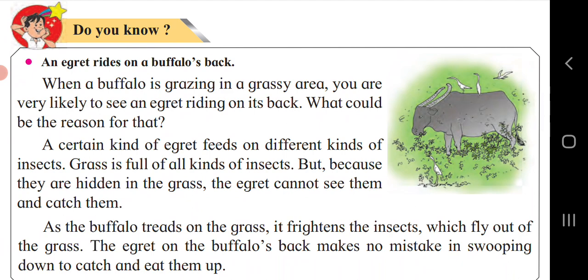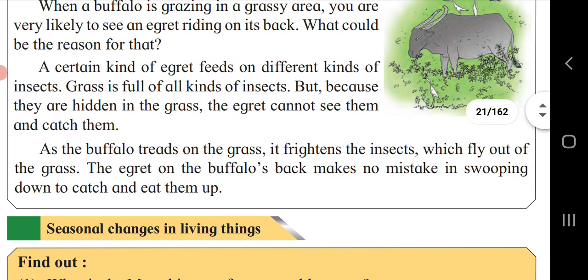Do you know? An egret rides on the buffalo's back. When a buffalo is grazing in a grassy area, you are very likely to see an egret riding on its back. What could be the reason for that? A certain kind of egret feeds on different kinds of insects. Grass is full of all kinds of insects, but because they are hidden in the grass, the egret cannot see them and catch them.